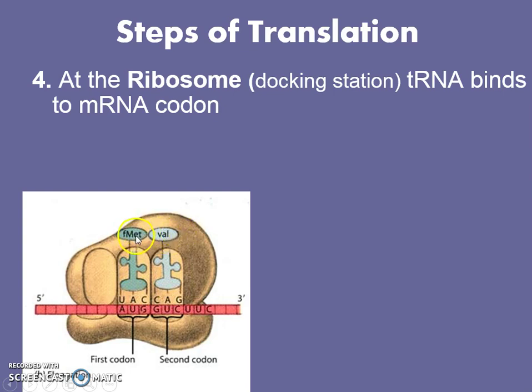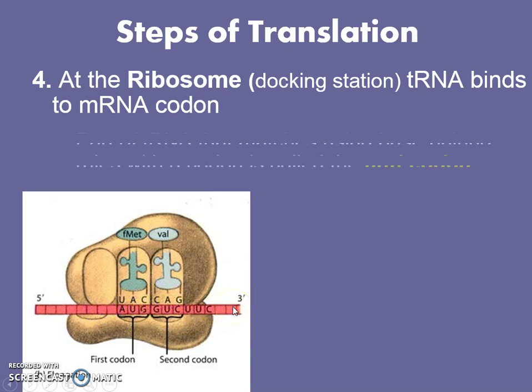These are the same amino acids. If I looked up these red letters in a codon chart, this is the amino acid methionine or MET that I would see on a codon chart. If I looked up GUC on a codon chart, I would see valine or VAL as the correct amino acid. So these tRNAs are the trucks that bring in the right amino acid to the right part of this mRNA message.